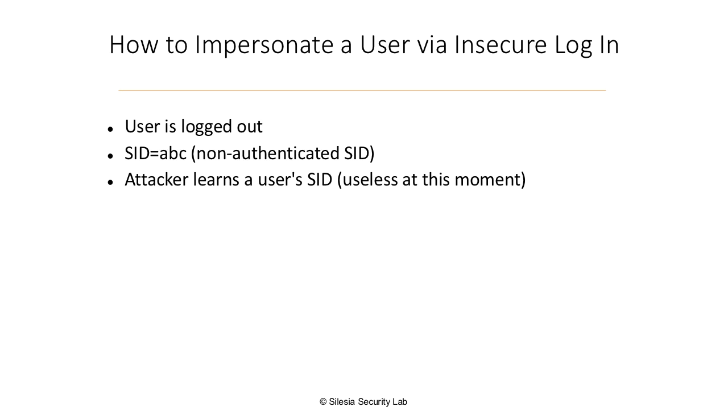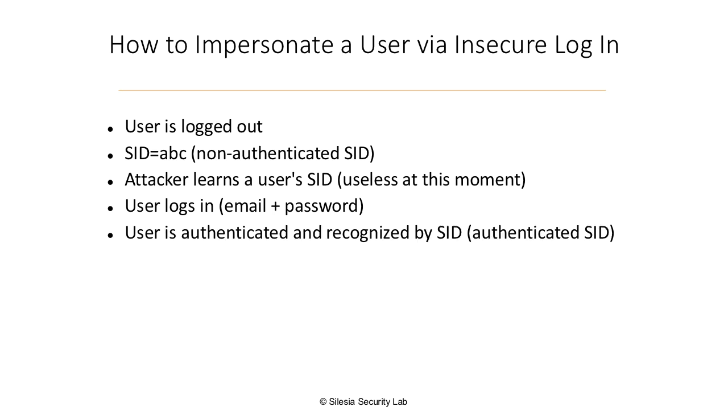But let's carry on our story and you will see what interesting can happen later on. So next, the user logs in to the web application and provides, for example, email and password. After that, the user is authenticated and the user is recognized by session ID.